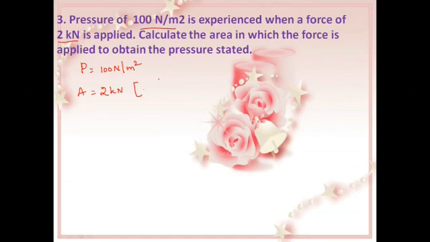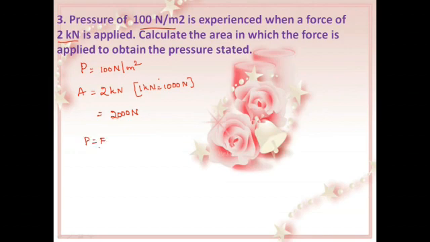Children, we know 1 kg is equal to 1000 grams. So 1 kilonewton is equal to 1000 Newton. If 1 kilonewton is equal to 1000 Newton, 2 kilonewtons is equal to 2000 newtons.